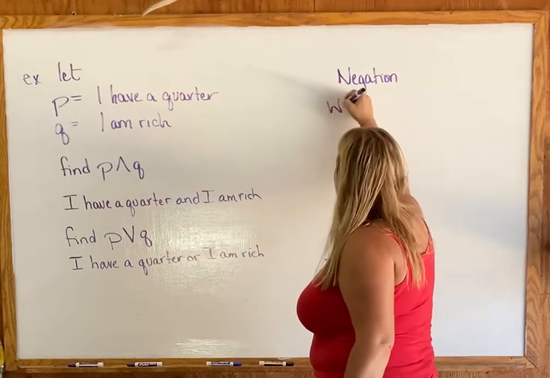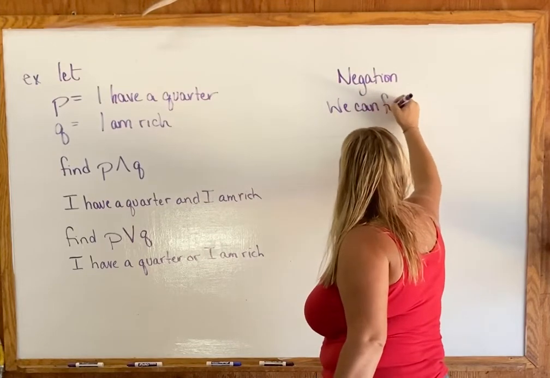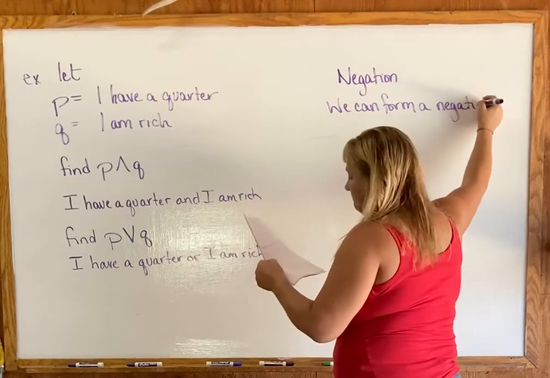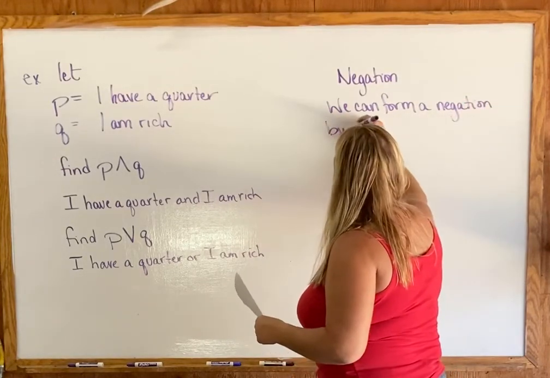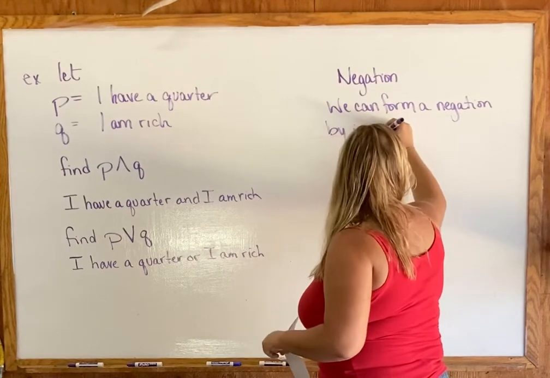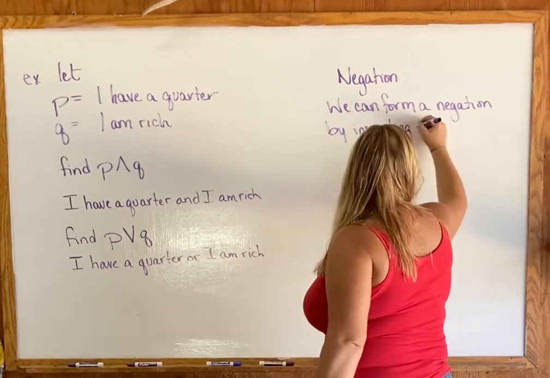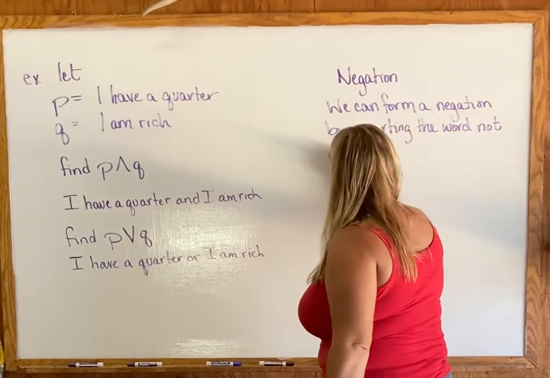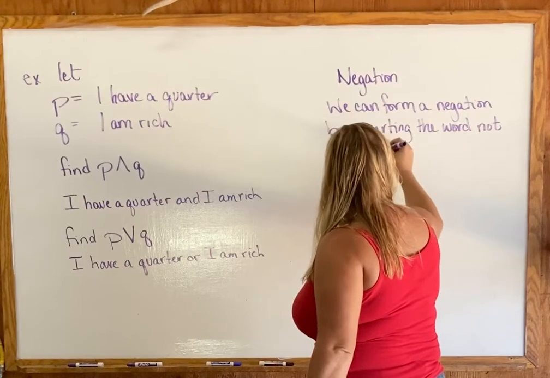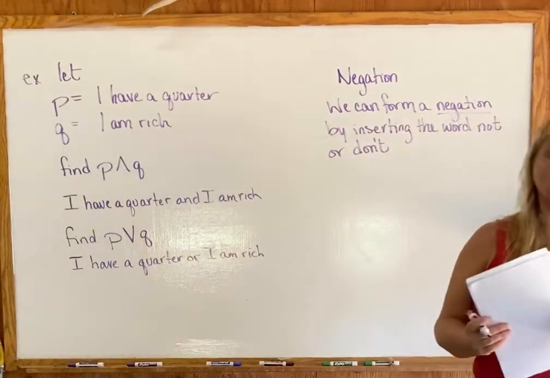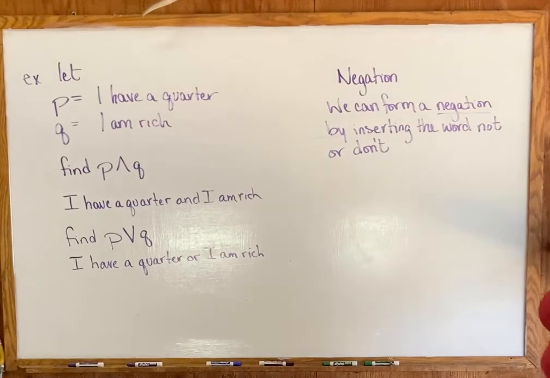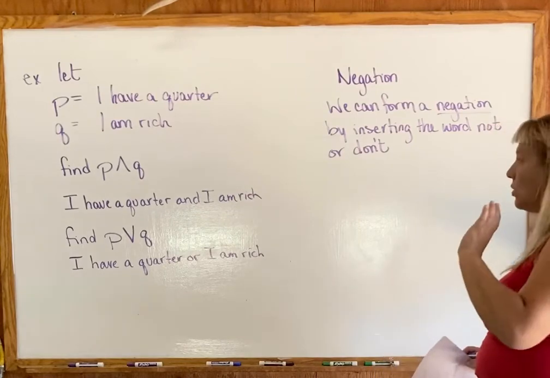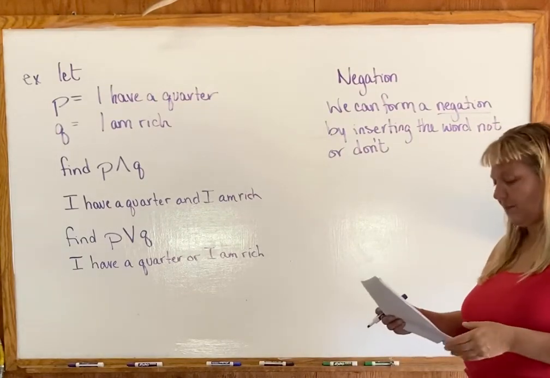So this says we can form a negation by inserting the word not or don't. Okay. So the negation or the negative basically is saying that I don't have something or I'm not something. So it's taking kind of looking at this in the opposite form.